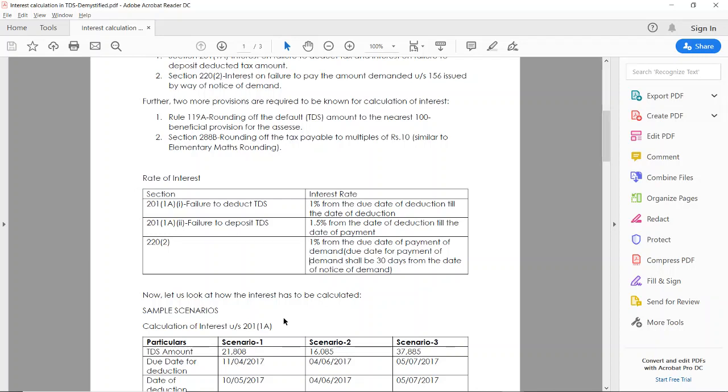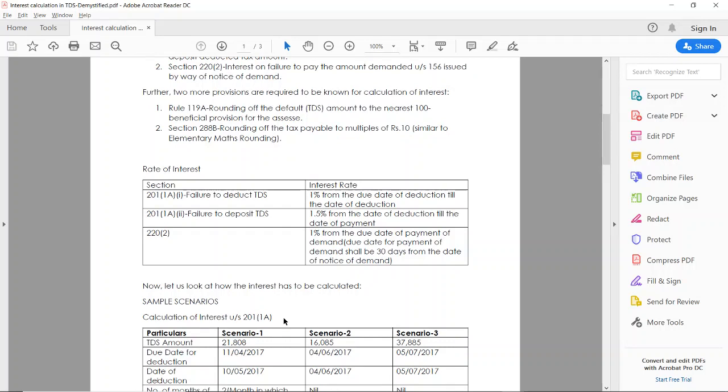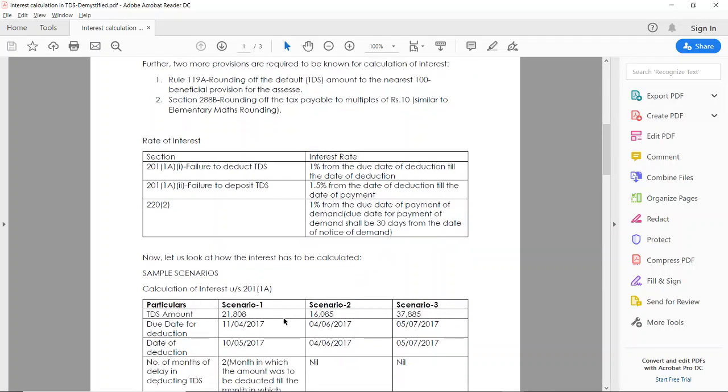We have three scenarios. The TDS amount in scenario 1 is 21,808, scenario 2 is 16,085, and scenario 3 is 37,885. That is the TDS amount involved, and the due dates of deduction are 11th April 17, 4th June 17, and 5th July 17.